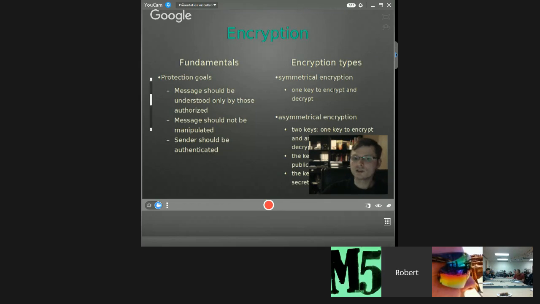On asymmetrical encryption, you need a much longer key length. Usually we use a key length of 2048 bits, and it's much more CPU intensive if you encrypt something with it. So both encryption types are useful. It's not that you can just easily say, okay, I use asymmetrical encryption for everything, because it's easy.